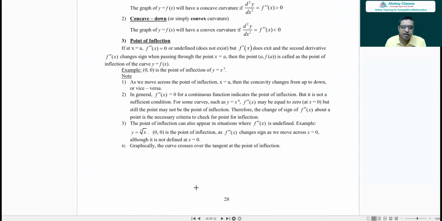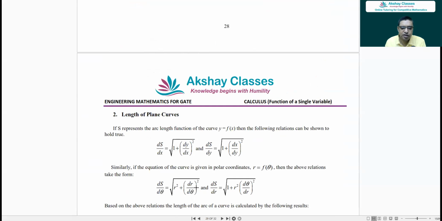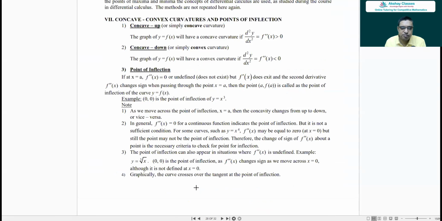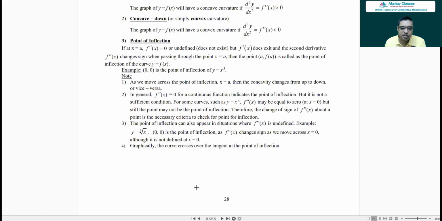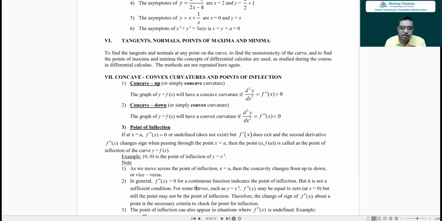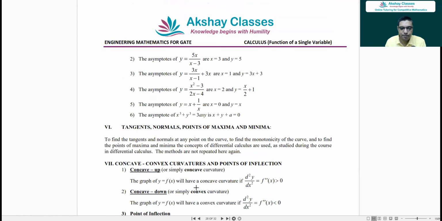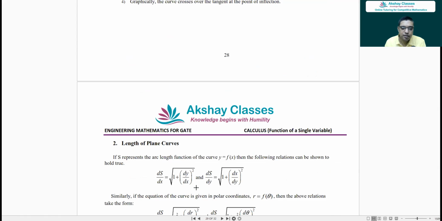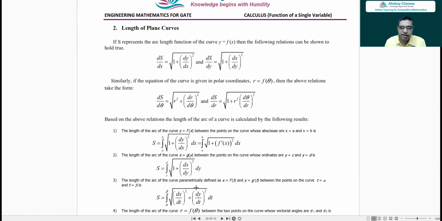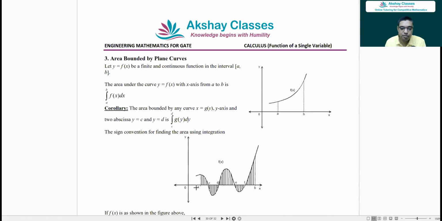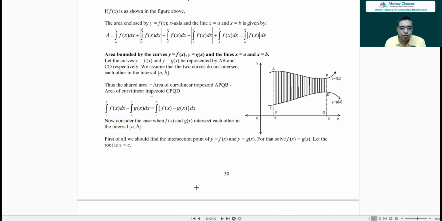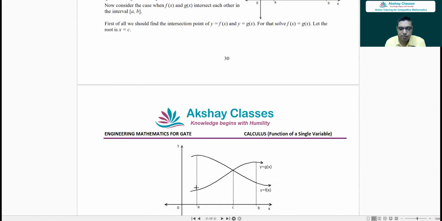After that, these points we have already covered, but I'll cover it: concave nature, convex nature, and point of inflection. Once we discuss this, we are done. Then we dive in tomorrow to finding lengths of plane curves and also finding area bounded by curves. So tomorrow's class will be very important from this point.